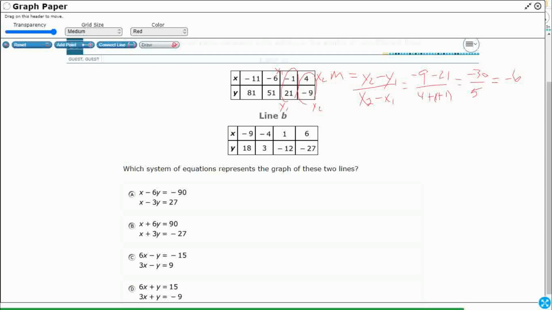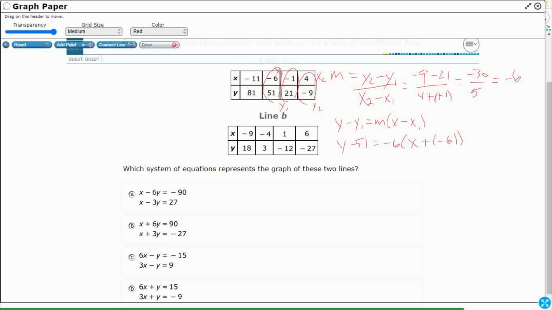So now I'm going to do my point-slope form. The y minus y1 equals m times x minus x1. And we can pick any set of coordinates, let's use that one right there. So my y minus 51 equals my m, we just found that negative 6, times x minus, and then it's negative 6, so it's going to end up being a positive.